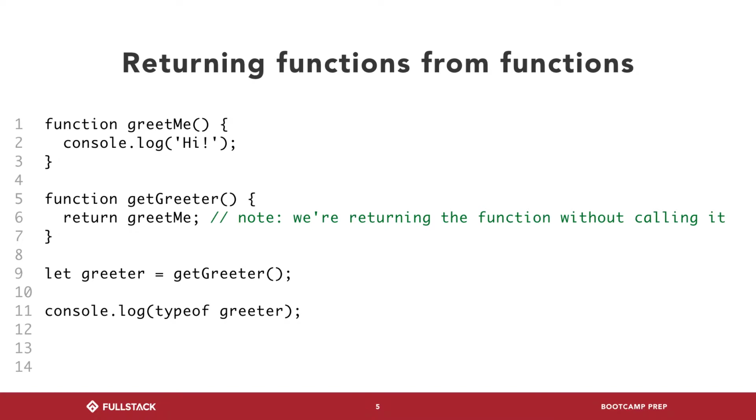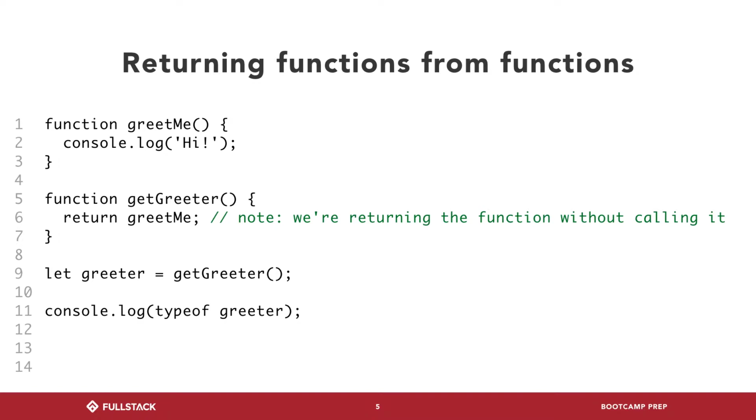Okay, so on line 6 we return the greetMe function, which means on line 9, when we invoke getGreeter, on the right hand side of the equal sign, it essentially returns greetMe. And so greeter on line 9 becomes the greetMe function.